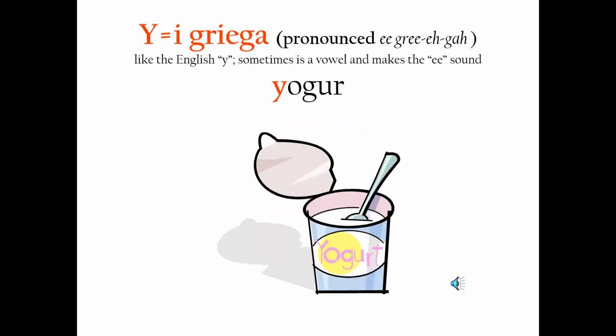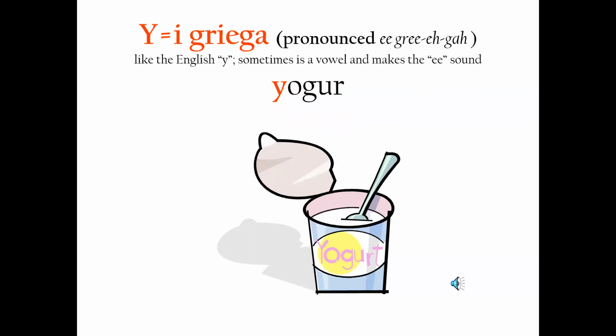This letter is called Y. When it is alone, the letter is a word, and it is just E, and it means and.